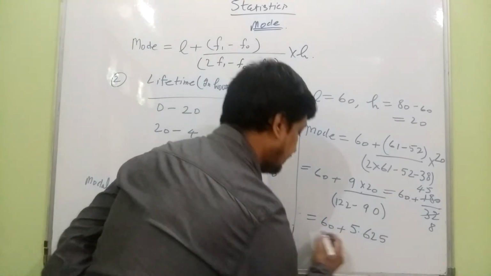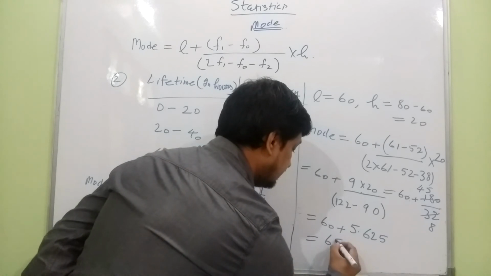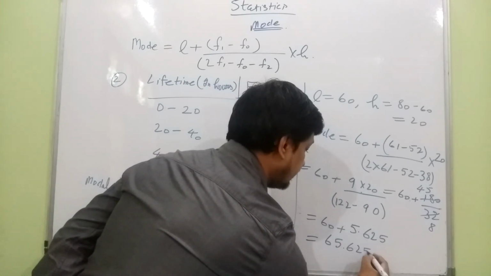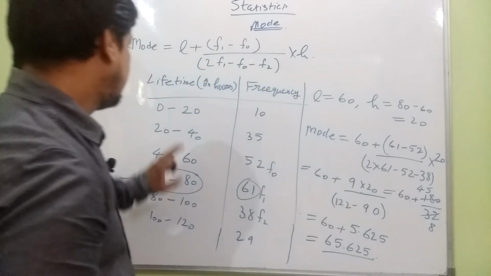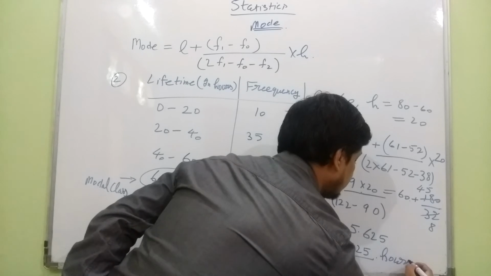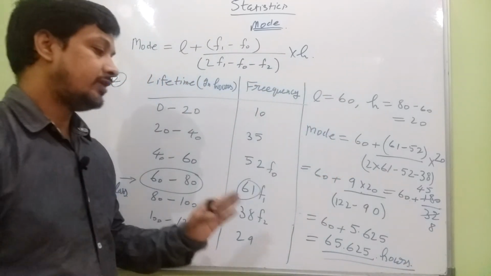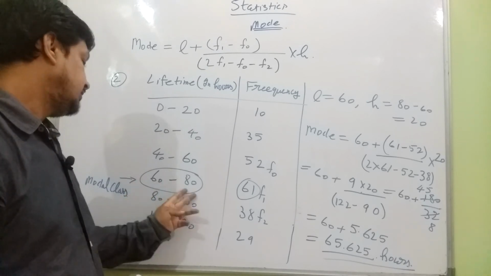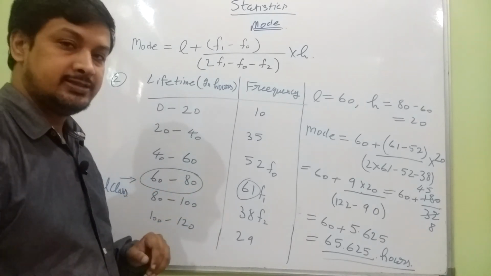Okay, 6 to 5. So we can just add. It will be 65.625. So its unit will be hours. So 65.625 hours, which is in the range of this. It means our answer is correct.